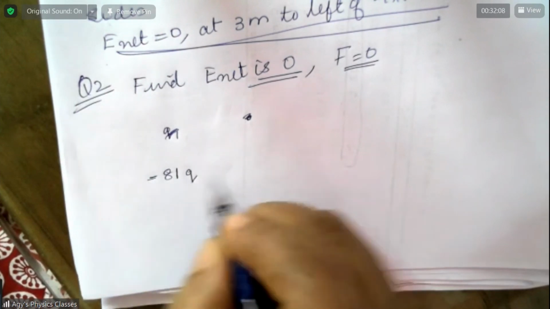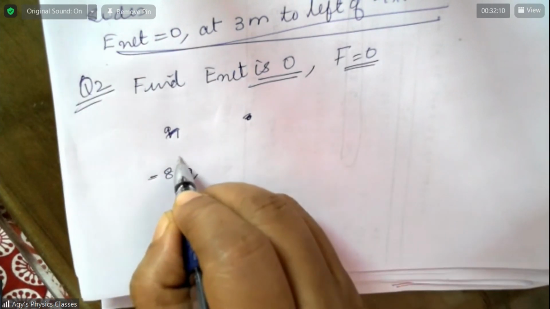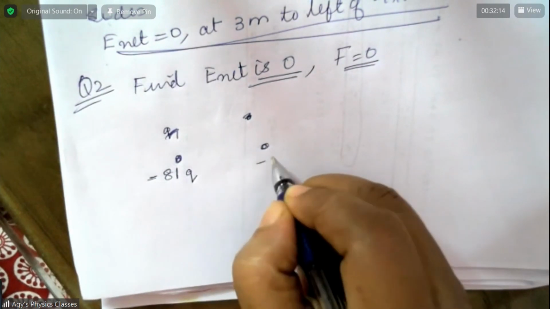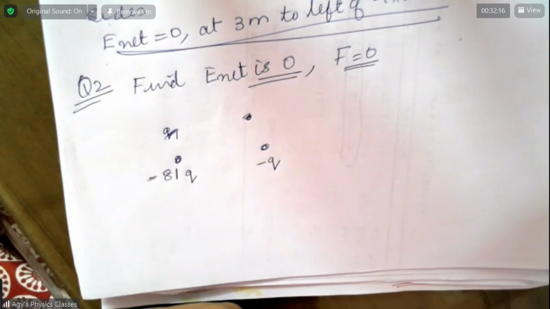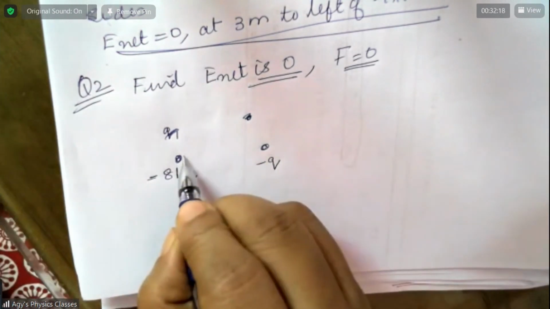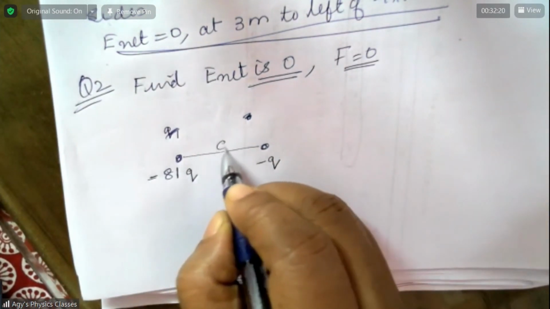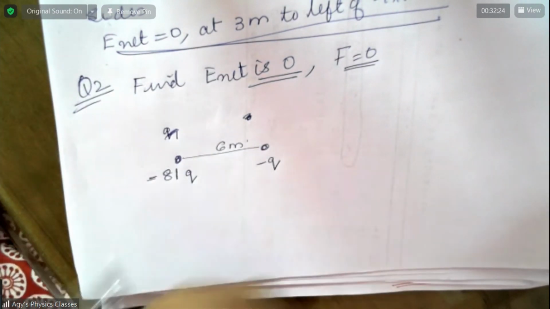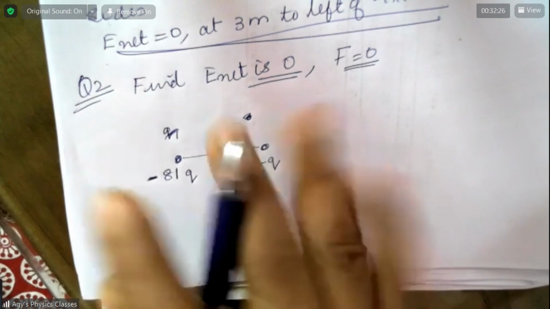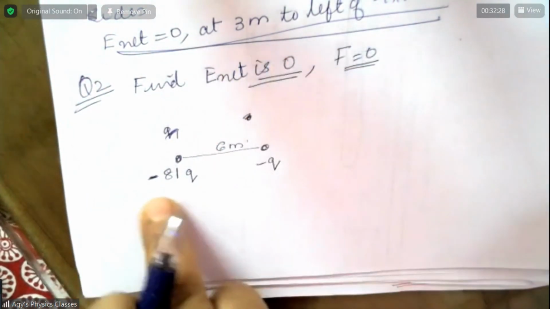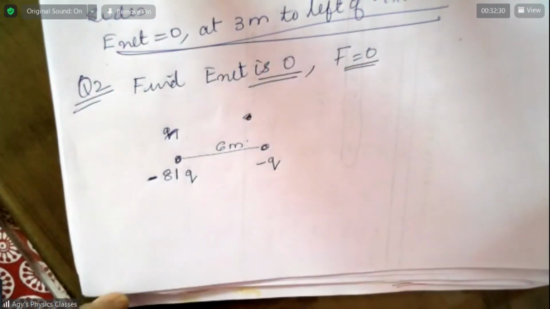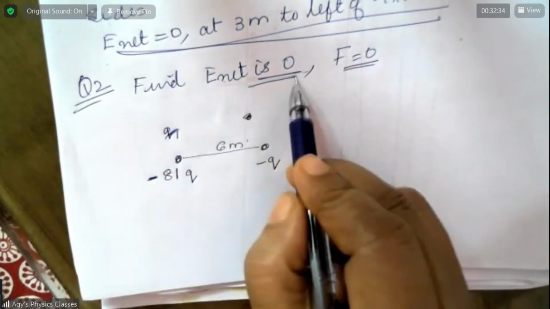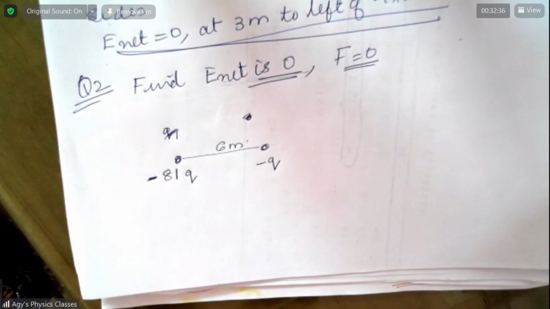Minus 81Q is one charge, and this is another charge, minus Q. The distance between them is 6 meters. Earlier I gave you different charges, now I'm giving you same charges. Find out where the electric field is zero.